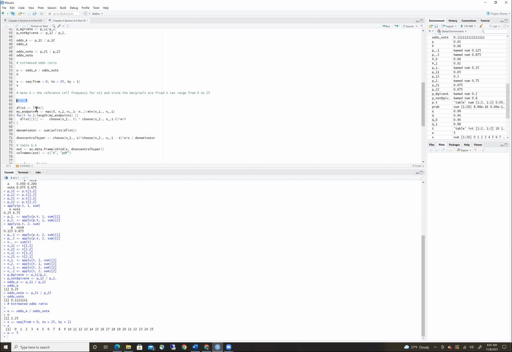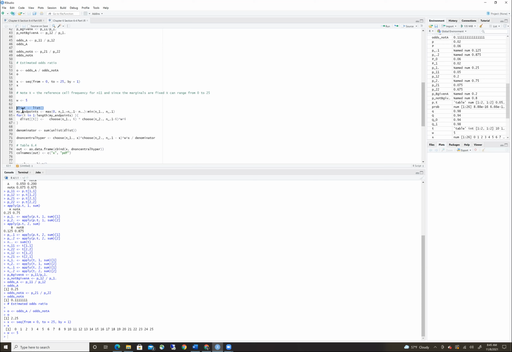I'm looking at equation 6.35 in the textbook. In the textbook, you can see that the summation in the denominator goes from the max of 0 and the sum of the marginals minus n dot dot, up to the minimum of n1 dot and n dot 1. So what I'm doing here is, first I'm creating a list.